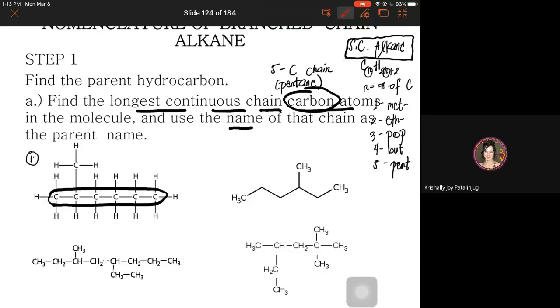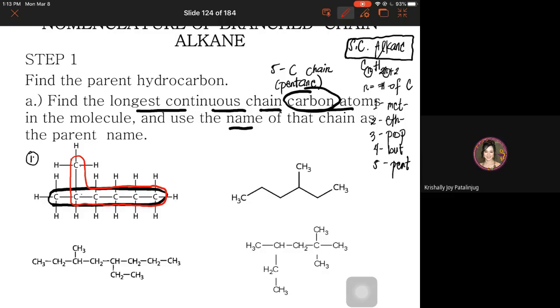How many carbons is that? 1, 2, 3, 4, 5, 6. Or you can also start from the other one. That is still a longest chain of carbon atoms, because it is also 6: 1, 2, 3, 4, 5, 6.